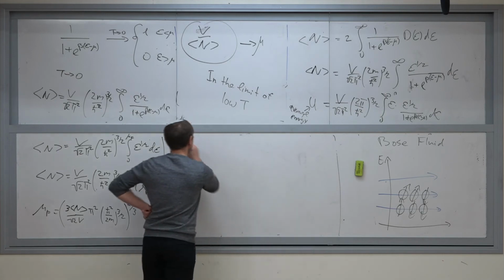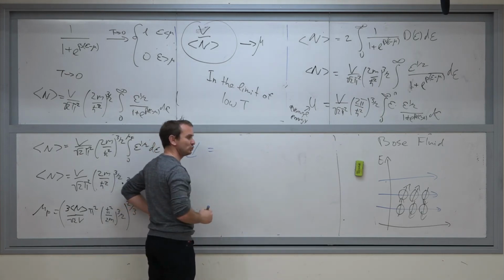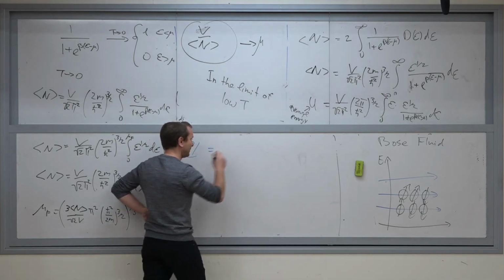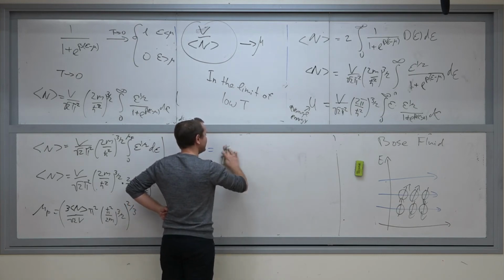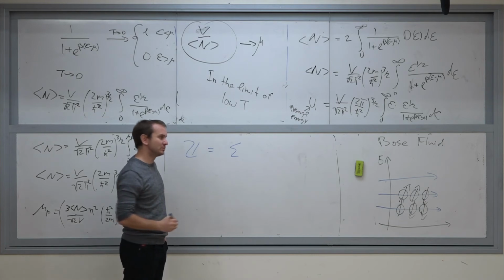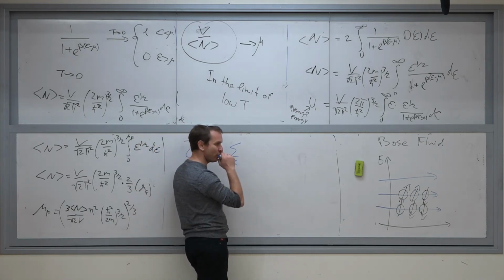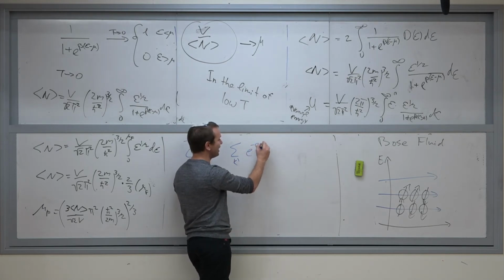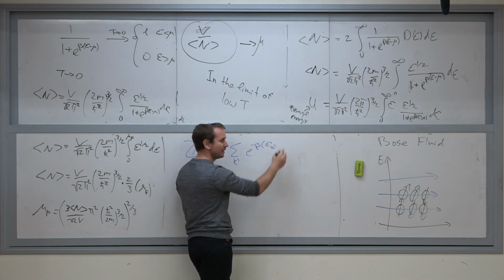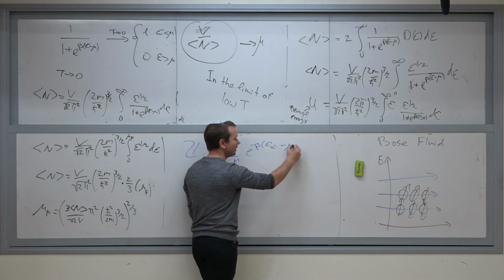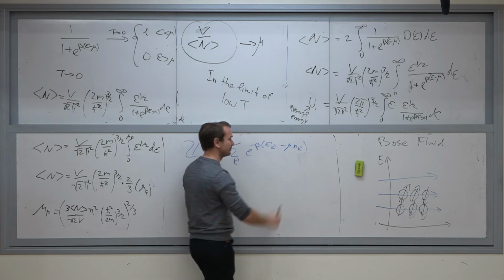And you have Z, and it should have a sum over all possible k's. What is k over here? K prime, let's say. e to the power minus beta epsilon k prime minus mu n k prime.